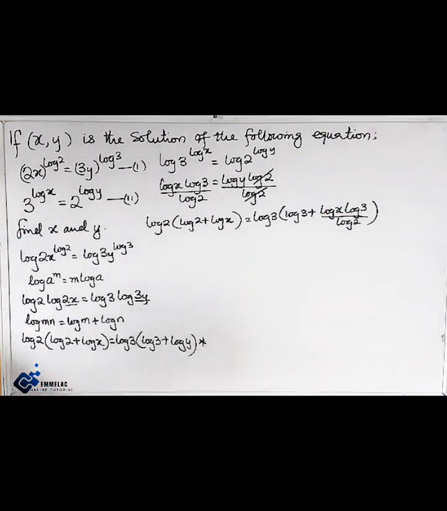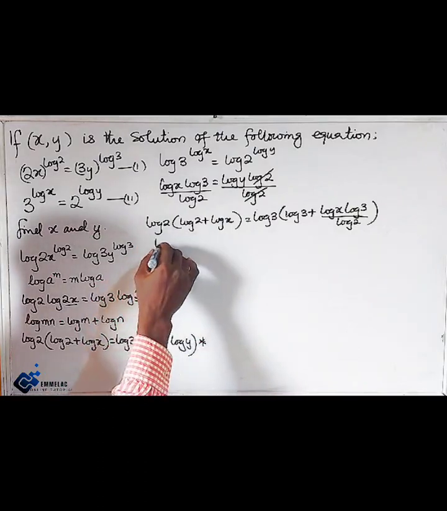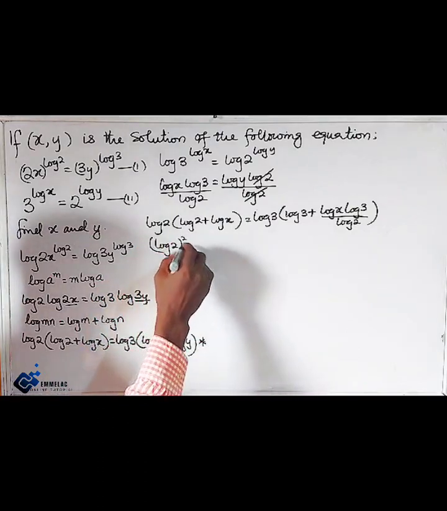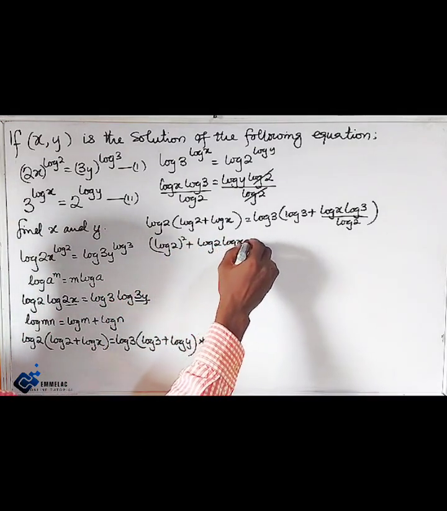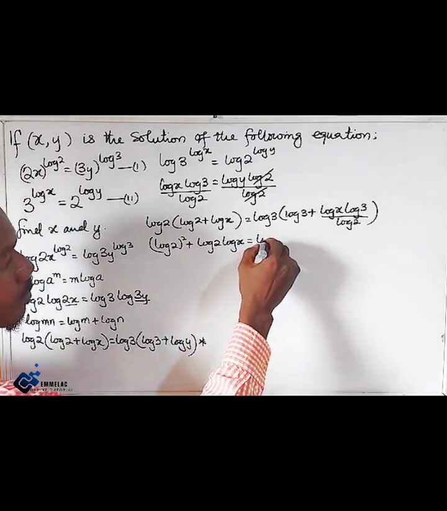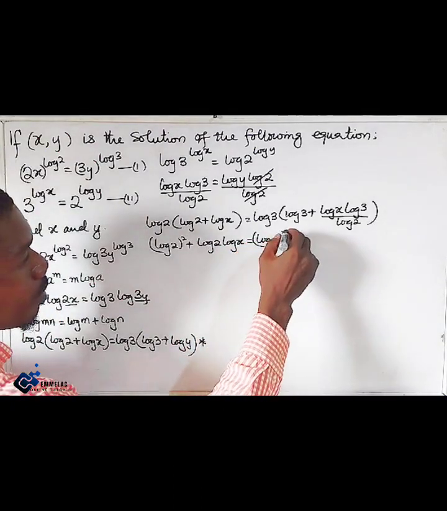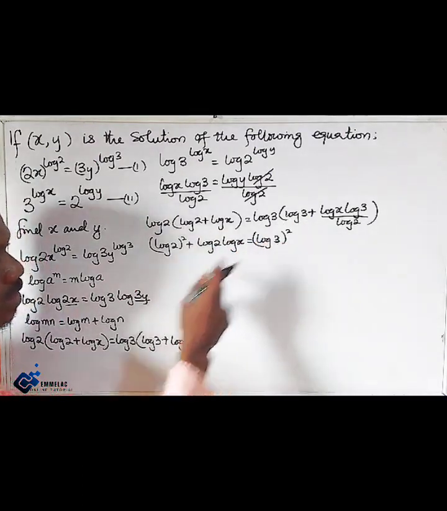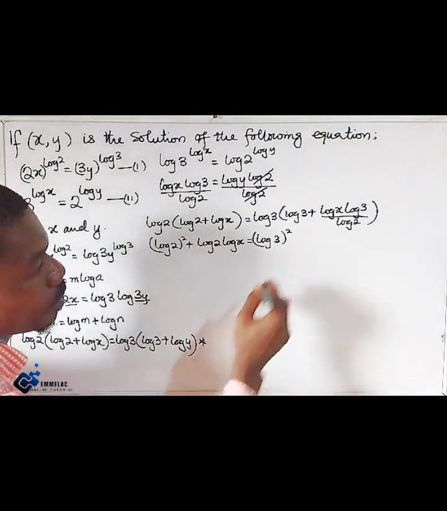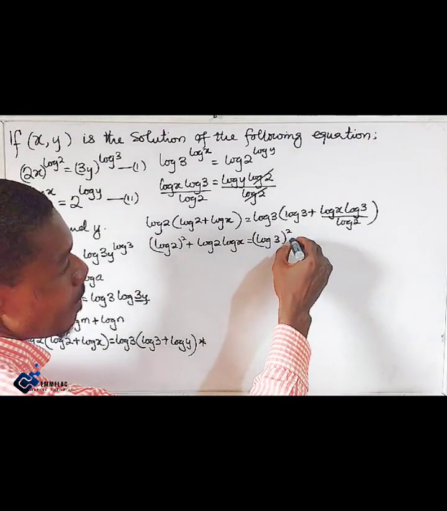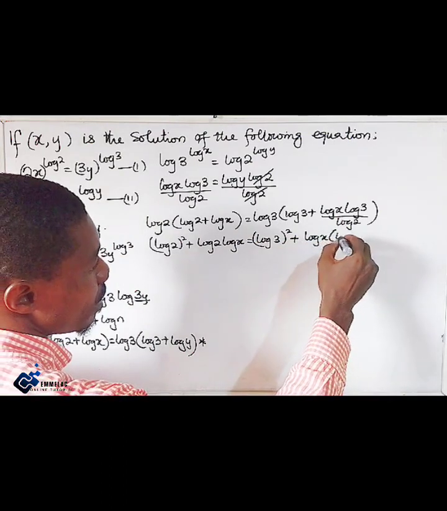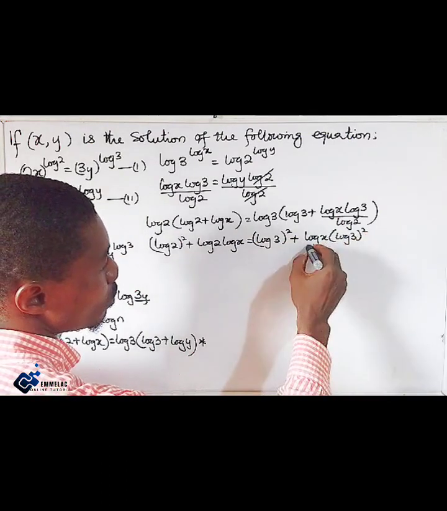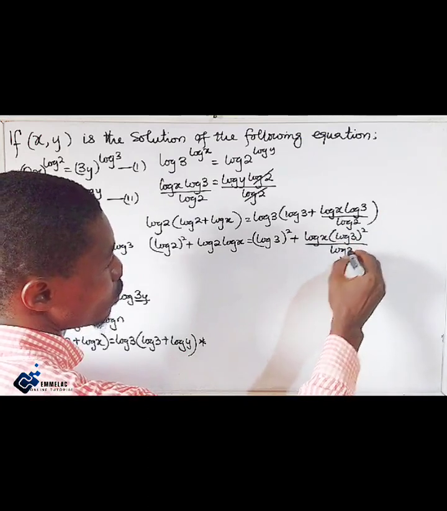Okay, now let's open the bracket. Log 2 times log 2, we have log 2 all to the power of 2, plus log 2 log x, equals log 3 all to the power of 2, because log 3 times log 3 will give us log 3 to the power of 2, then plus log x times log 3 to the power of 2 all over log 2.